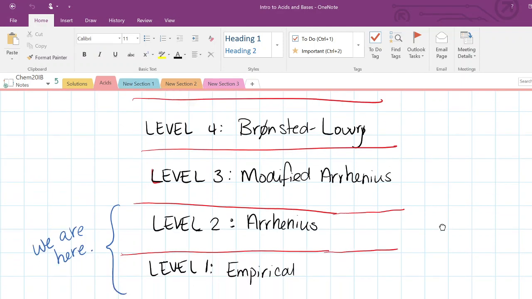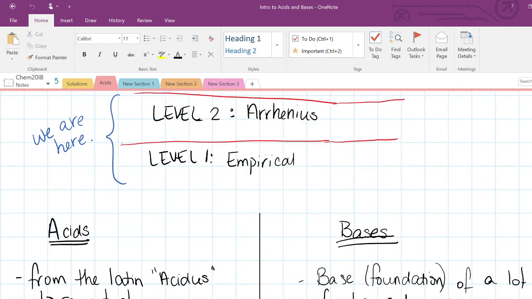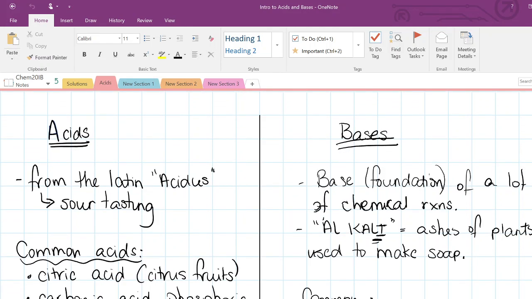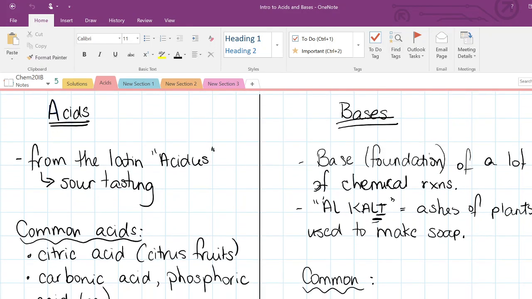Okay. So there's a little bit of kind of interest stuff here for you guys about acids and bases, where the names come from. I'm not going to spend too much time on this because this is really just for interest's sake, so that you know a little bit about where the term acid, where the term base comes from.